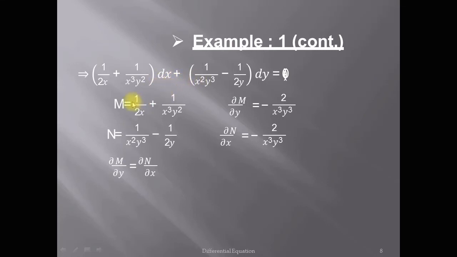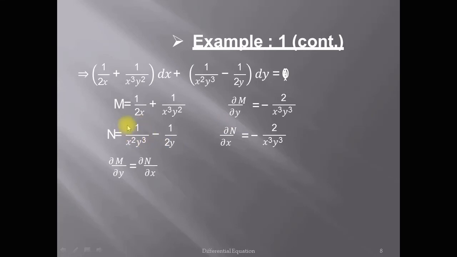Find ∂M/∂y and then ∂N/∂x. If ∂M/∂y equals ∂N/∂x, then the new differential equation will be exact. With respect to y, the derivative of the first term is 0, and the derivative of the second term is −2/(x³y³).